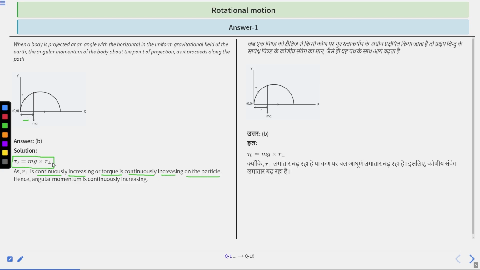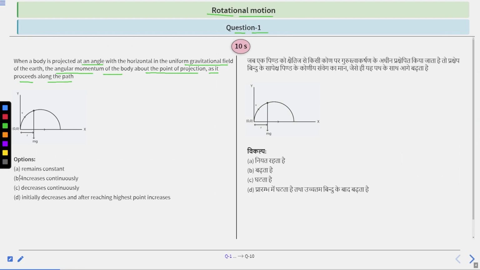From this formula we can understand it. When r is continuously increasing, torque is continuously increasing on the particle. Hence, angular momentum is continuously increasing. Clear? So the correct answer is B, increases continuously. This one is correct.